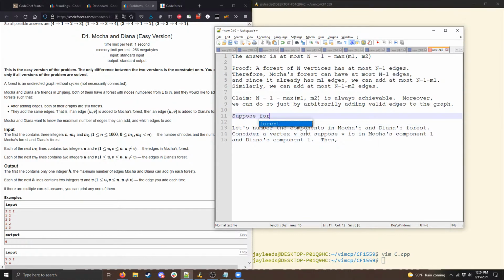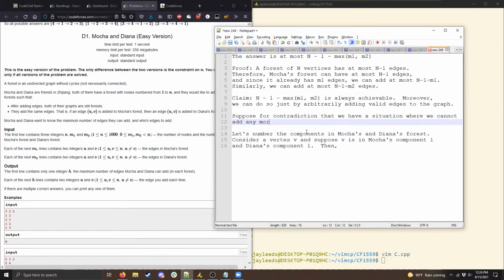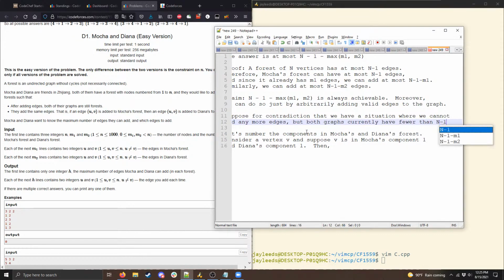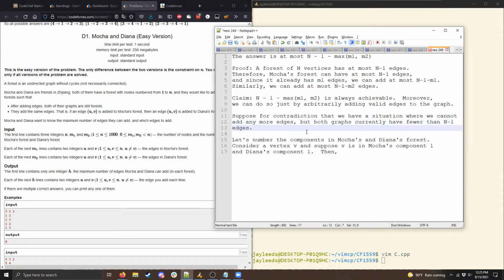Let's suppose for contradiction that we have a situation where we cannot add any more edges, but both graphs currently have fewer than n-1 edges.